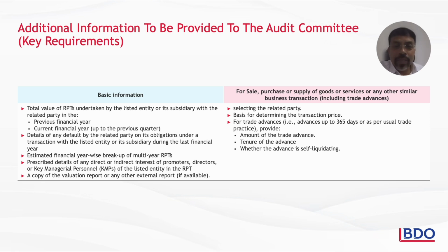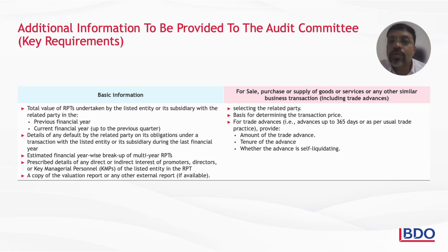In case of multiple RPTs, an estimated financial year wise breakup of the related party transactions should be captured here. The direct or indirect interest of promoters, directors, and key managerial personnel should also be brought in. A copy of the valuation report or other external report, if available, should also form part of the minimum information. This is the basic requirement.